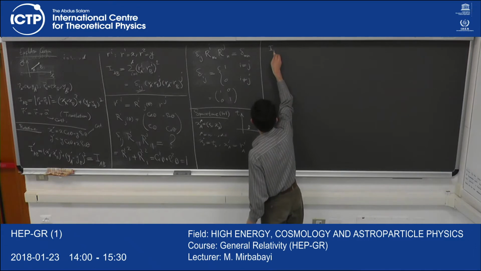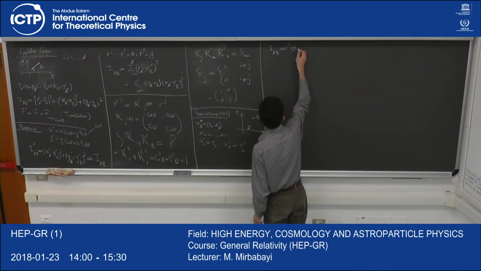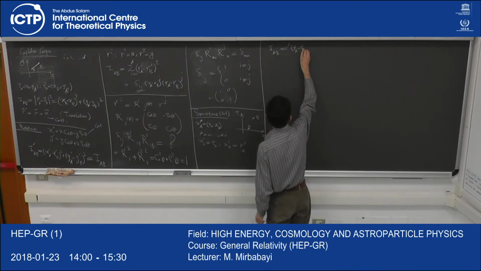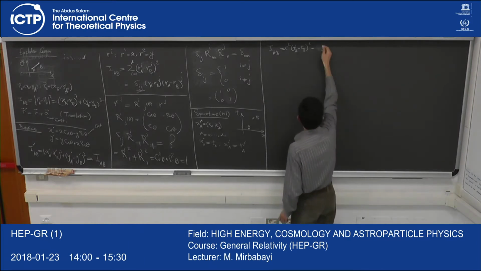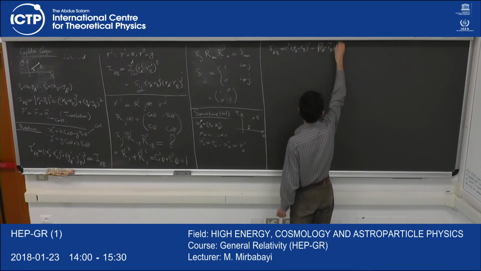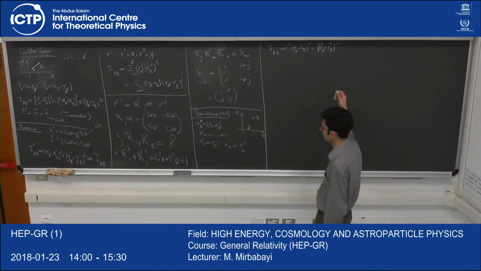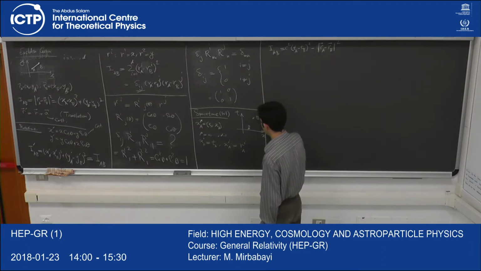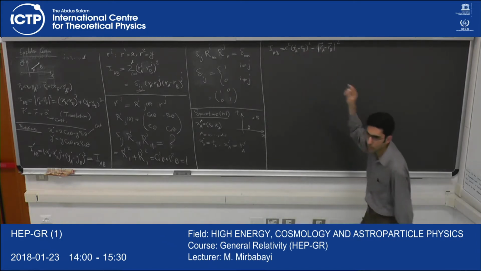So now I can talk about I_AB, which is c squared (t_A minus t_B) squared minus (r_A minus r_B) squared. This is what we call the invariant interval in a space-time. Notice the difference: now there is a minus sign here, so time is different from space.